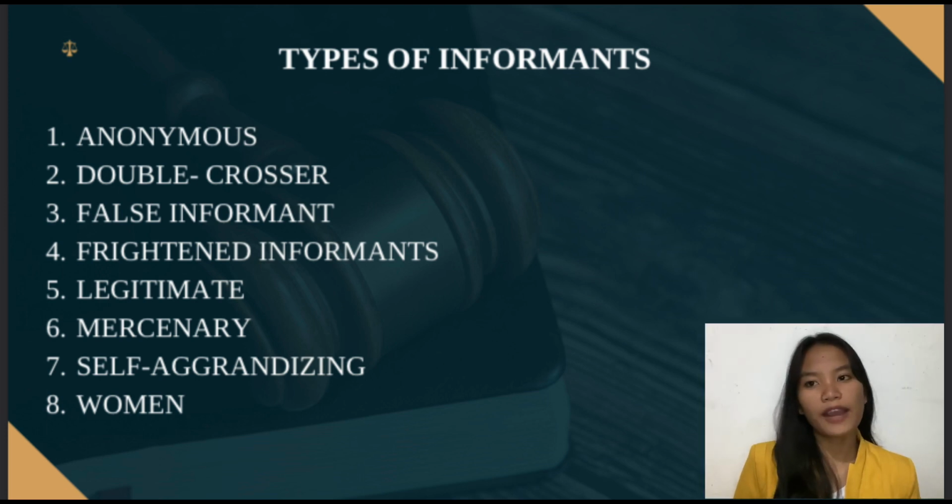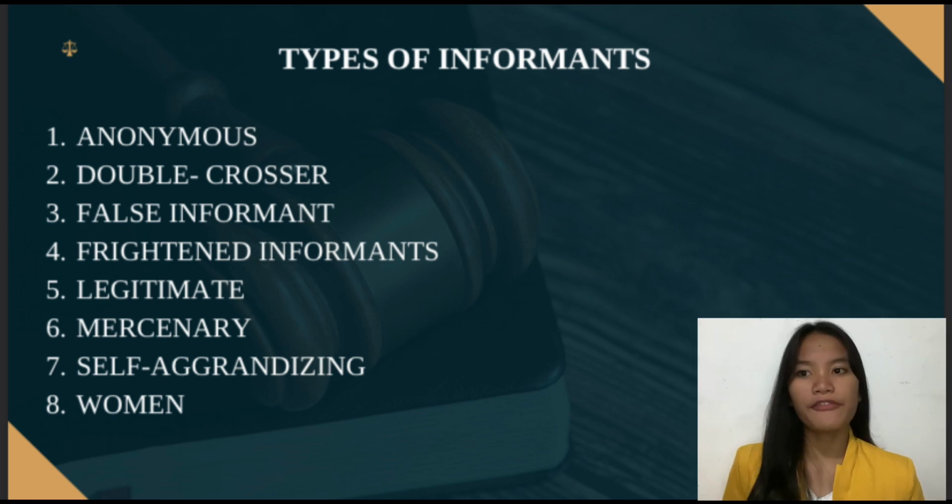And third, we have false informant. So a person who is giving no value information, and a person who reveals information with no consequences and no value, a person who is giving fake news or information.